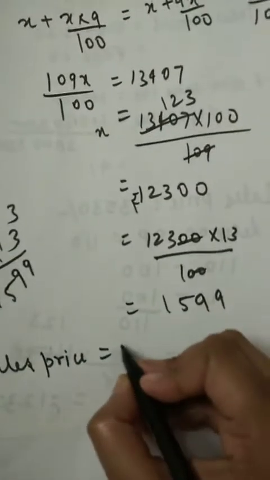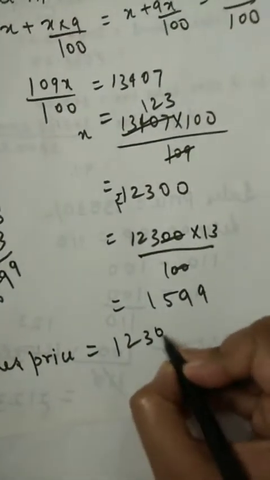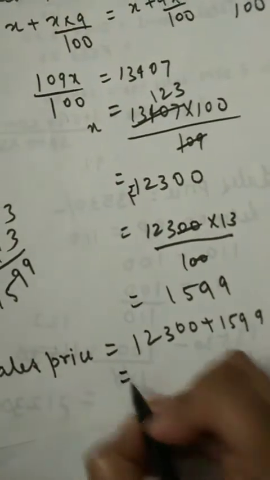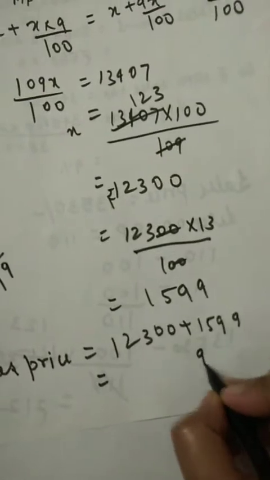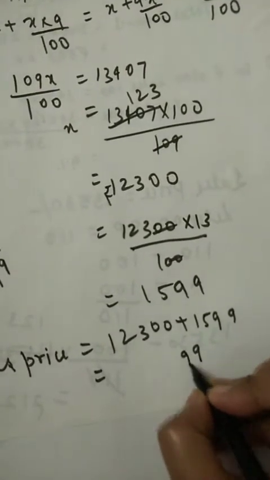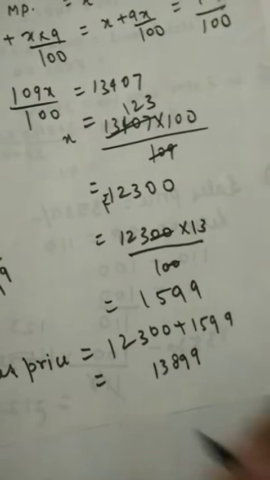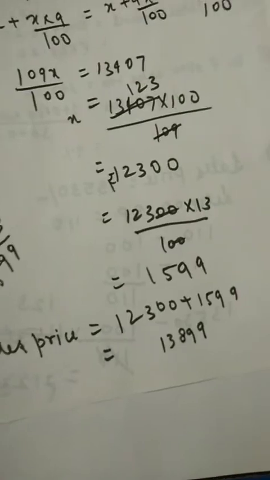After that, we will find the sales price, which will be equal to 12,300 plus 1599, which will be equal to 13,899. Now we have to find the extra price.